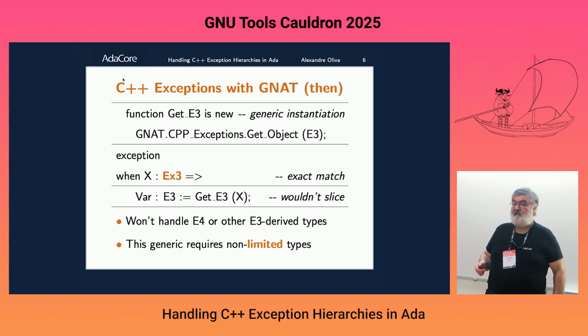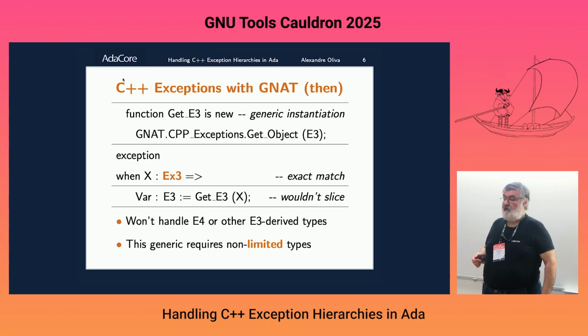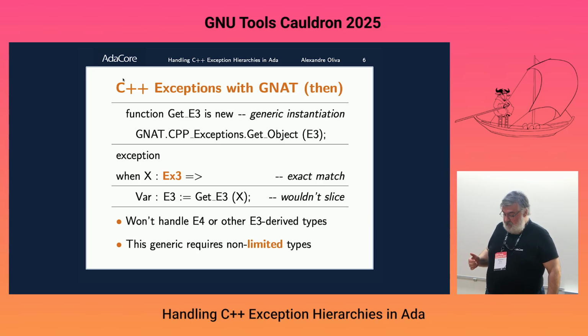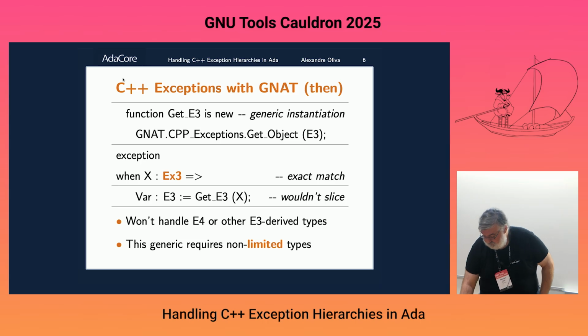So this instantiation will actually not work. It can be used for simpler types, like integers or access objects that are pointers in Ada, but not for objects imported from C++. And this is a problem if you want to catch actual C++ data objects.